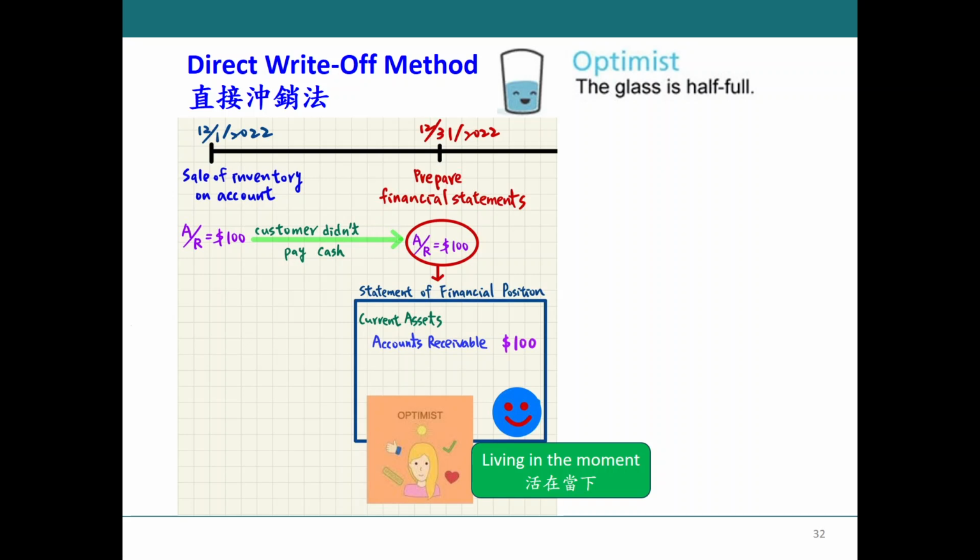Don't worry about the risk, it hasn't happened yet. So we don't think about it. Did you find out? You will put $100 because we don't worry about the risk until it happens.